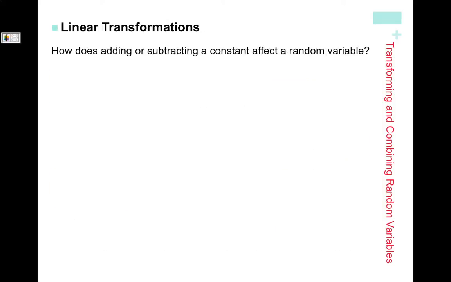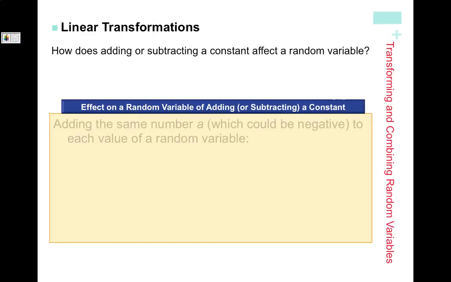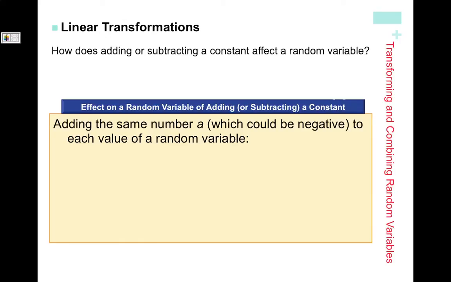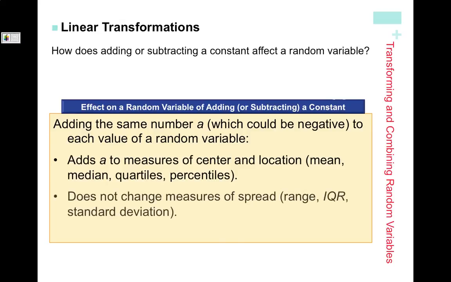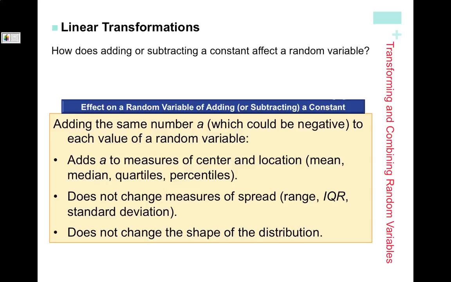So we can summarize what adding and subtracting a constant does as follows. Adding the same number, or subtracting, that would be a negative addition, to each value of a random variable adds that same amount to the measure of center. It does nothing to the measure of spread, and it doesn't change the shape of the distribution.